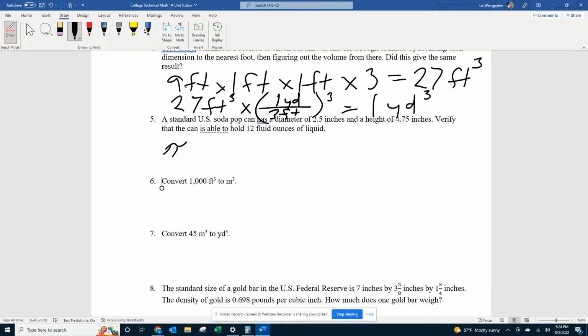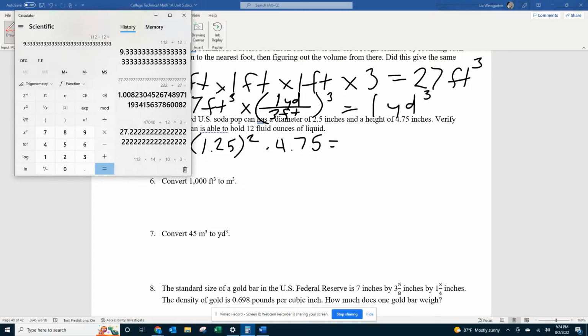Pi times 1.25 squared. We multiply that whole thing by the height, 4.75. We can take an approximation of pi, that's just fine.